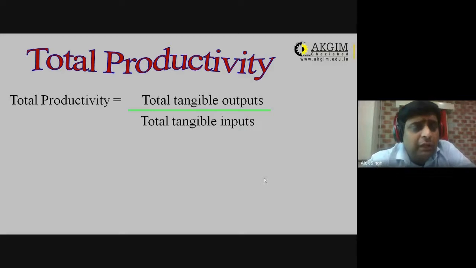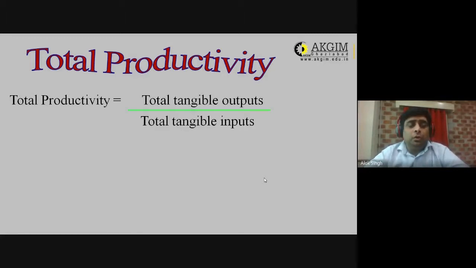In that case, you will check total tangible output divided by total tangible input. But in case of services, you will check total intangible output divided by total intangible input, like in the education sector. And in case of automotive, computer system manufacturing or some other field, you will consider total tangible plus intangible output divided by total tangible plus intangible inputs.